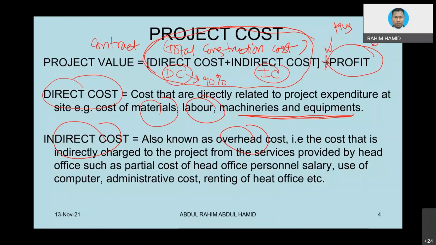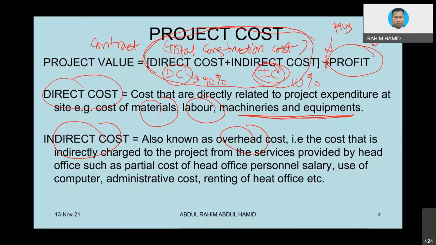Safety also sometimes is put inside there. Even the cost of headquarters overhead, some portion will come from the project costs. I would say maybe around 10%. All the preliminary items would normally be in the indirect costs.